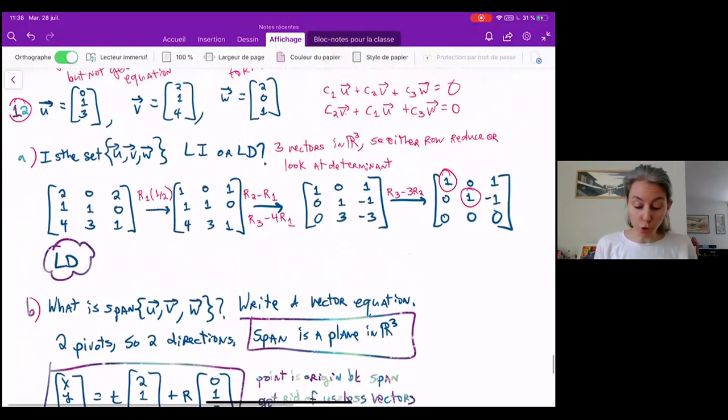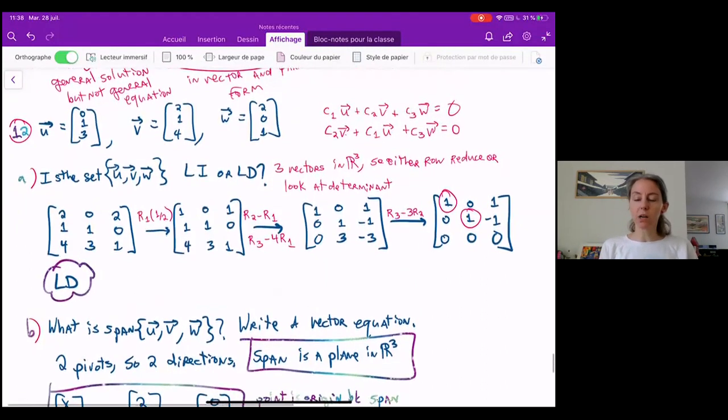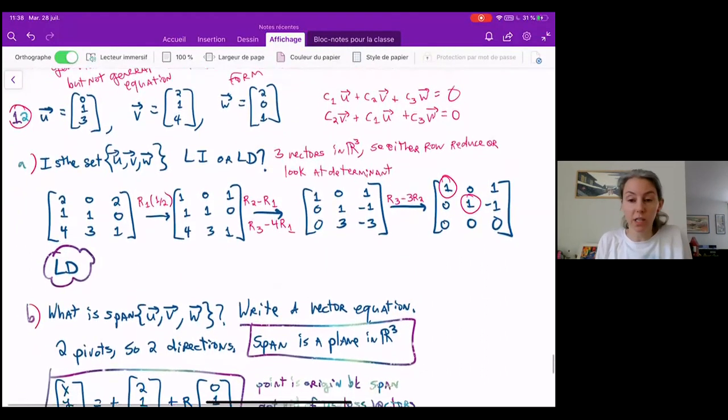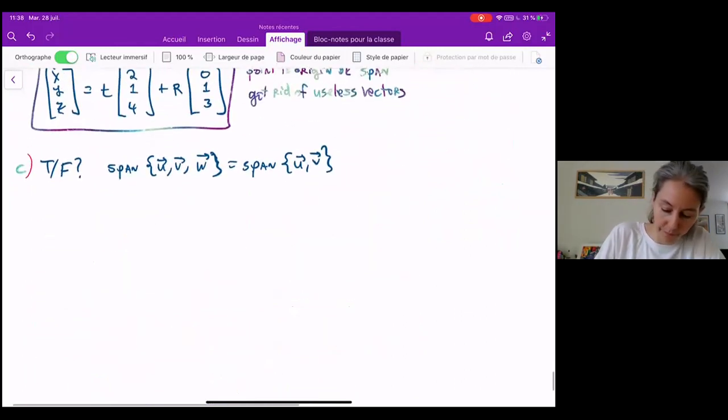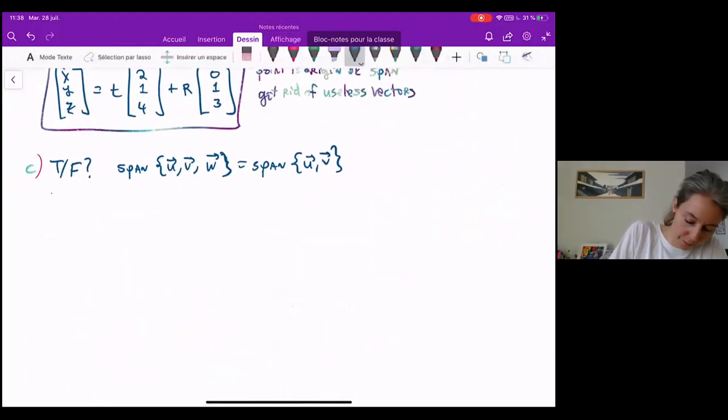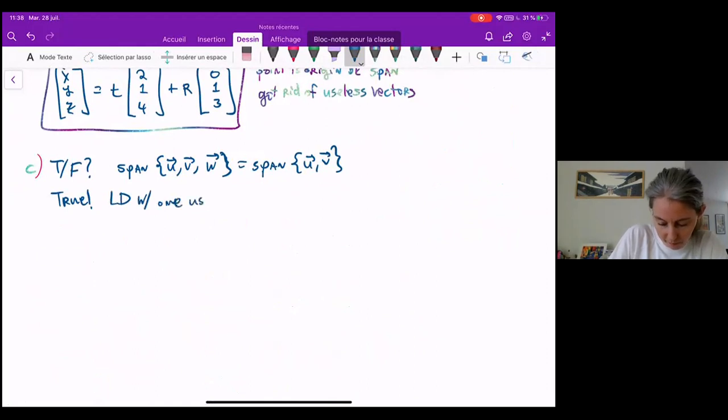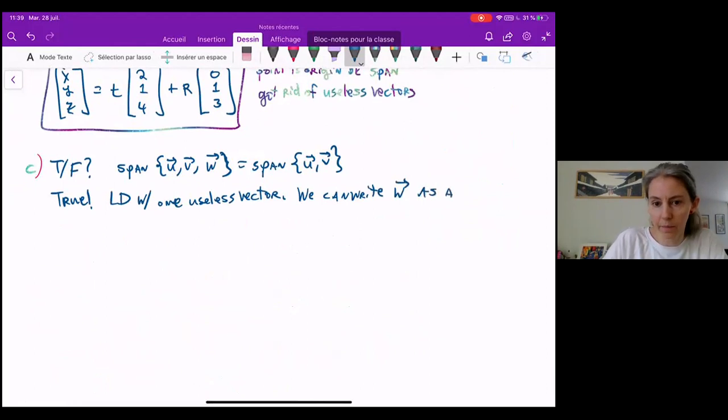So the answer here is true, because what we saw is that these are linearly dependent, and there is one useless vector. Since none of them are scalar multiples, it doesn't matter which vector I get rid of. We can write W as this.